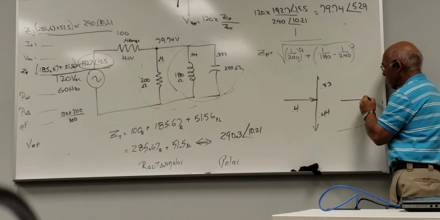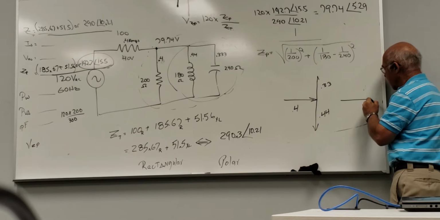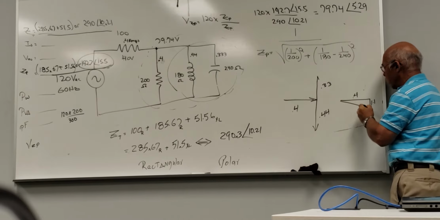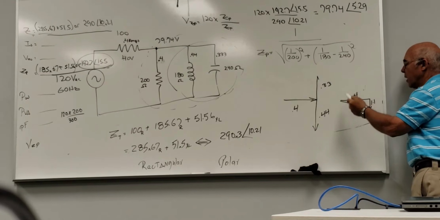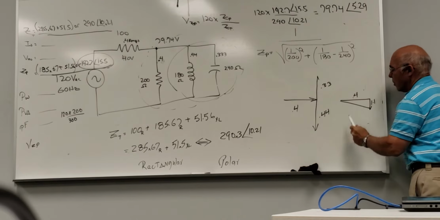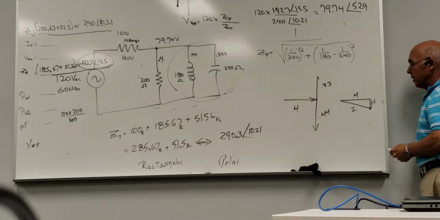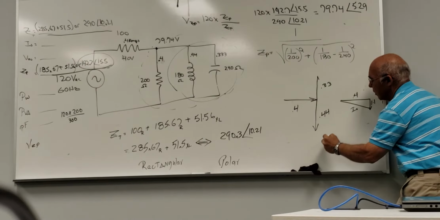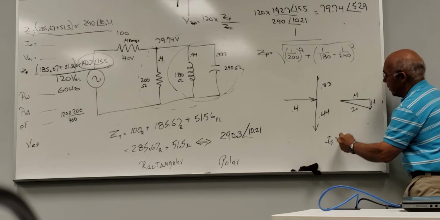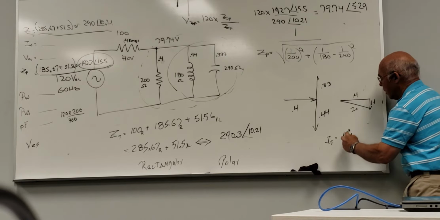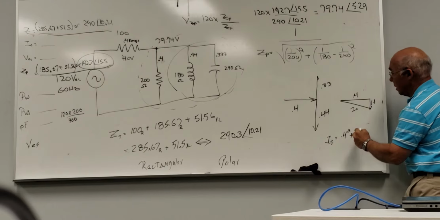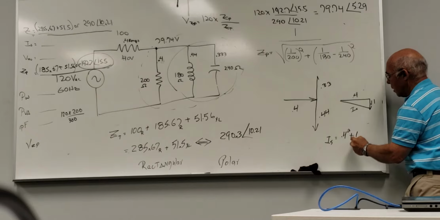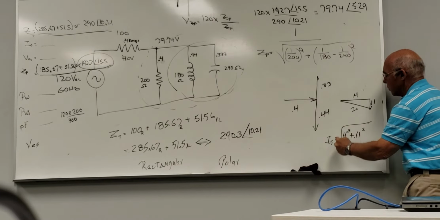So we wind up with 0.11, and we got 0.4. What we want to do is square this, square that, and take the square root. So the source current equals 0.4 squared plus 0.11 squared. We'll take the square root of that.